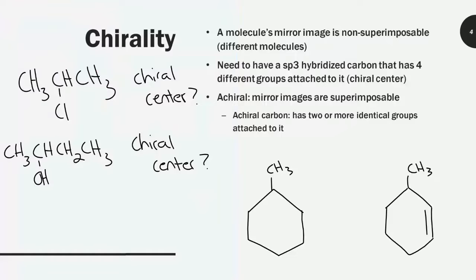Okay. So chirality: a carbon is chiral if it has 4 different groups attached to it. Being chiral essentially means that the mirror image of that molecule is non-superimposable.